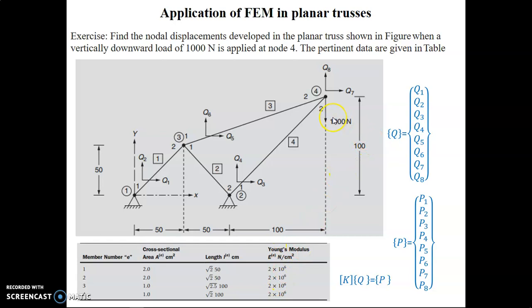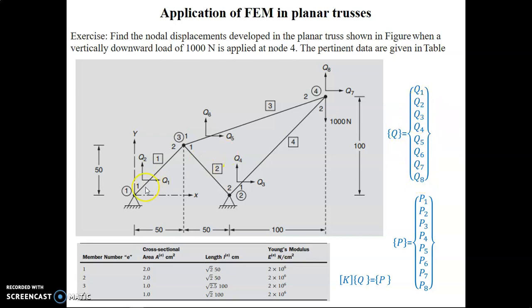Again, here we have displacements, as it is a 2D problem. Each node will have displacement along the x direction and y direction. A total of 4 nodes are there, so our primary field variable, the displacement, will have 8 degrees of freedom, or 8 displacements.